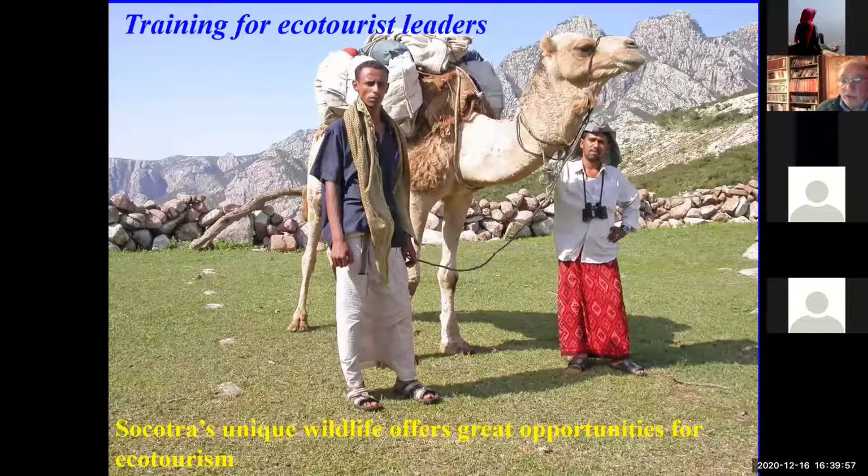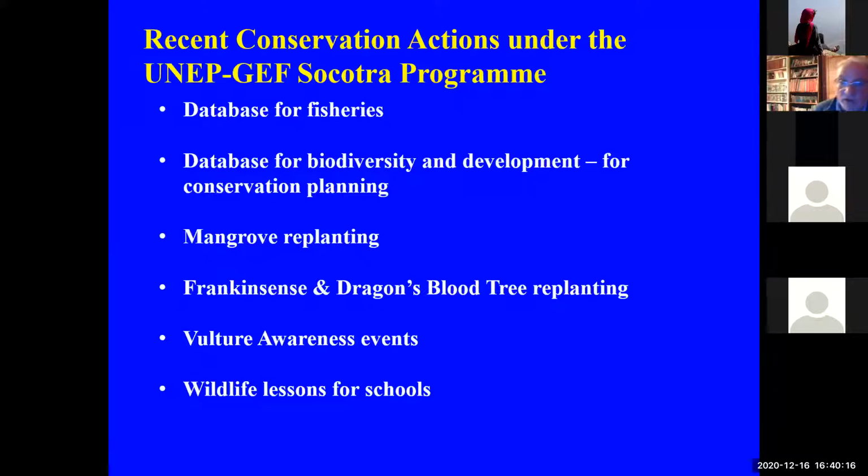During those early periods, under the Darwin Initiative in particular, they were training for ecotourism, and Socotra has unique wildlife opportunities to offer for ecotourism. And then recent conservation actions under the current UNEP Global Environment Facilities Socotra program, which started 4 years ago and is continuing under the organisational banner of the Royal Society for the Conservation of Nature in Jordan.